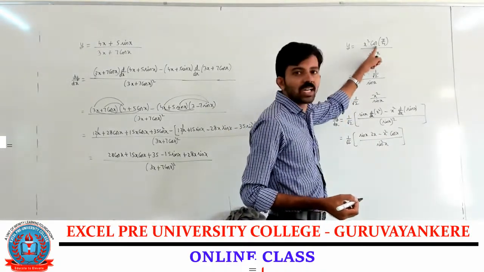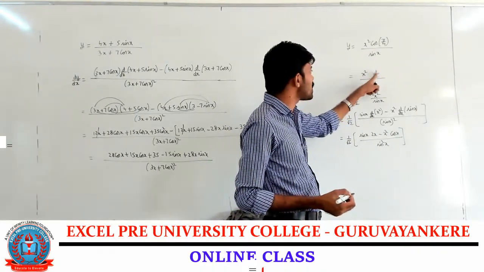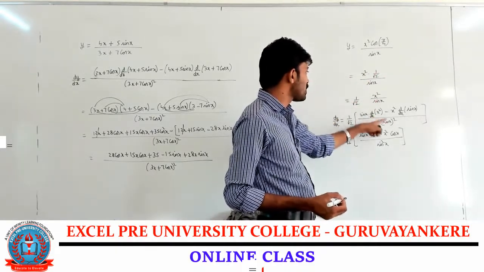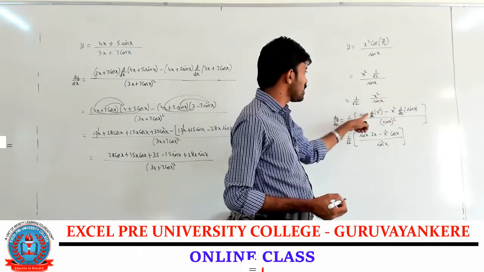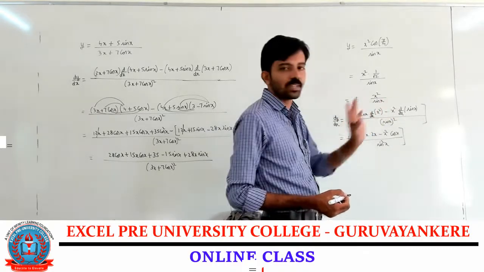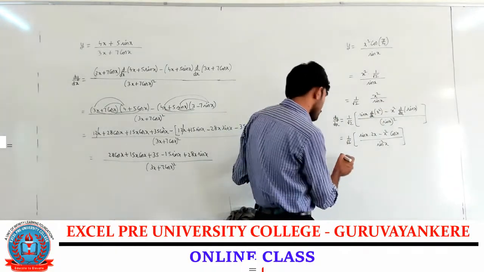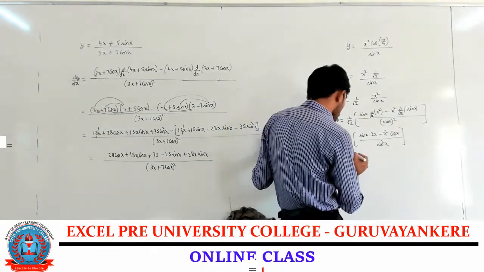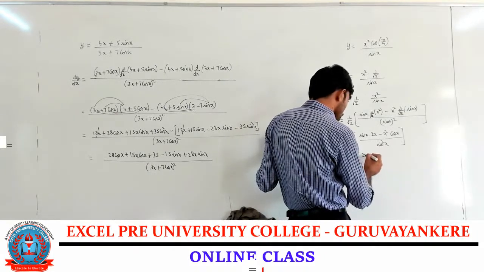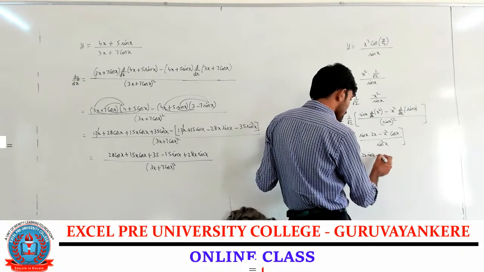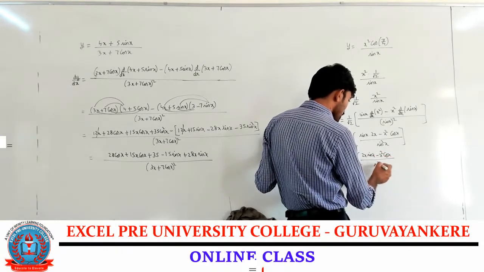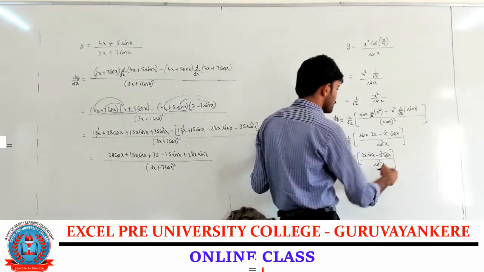Cos pi by 4 value we know already, 1 by root 2, keep it outside. For this we apply the quotient rule to x square by sin x. Denominator keep as this. Differentiate the numerator minus numerator into differentiate the denominator. 1 by root 2 into 2x sin x minus x square cos x divided by sin square x.